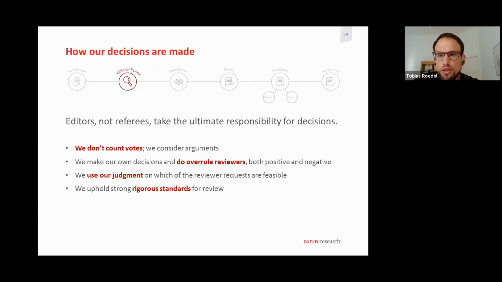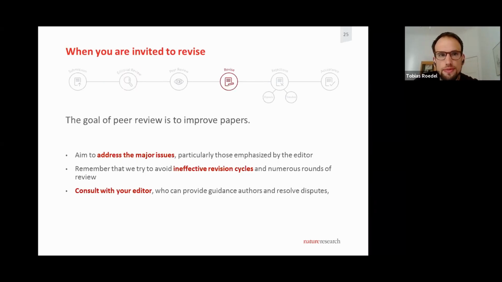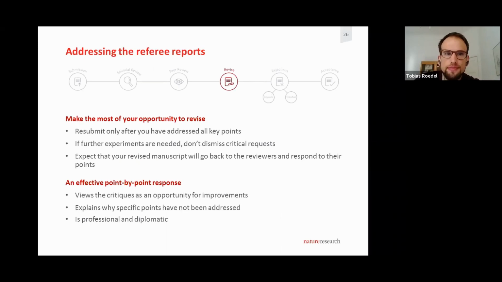We overrule reviewers, and when we write our decision letters, we often guide the authors: okay, please address this and this concern, and maybe one of the concerns raised by the referees is not as essential as others. So sometimes when we make revised decisions, we want the paper to get better.